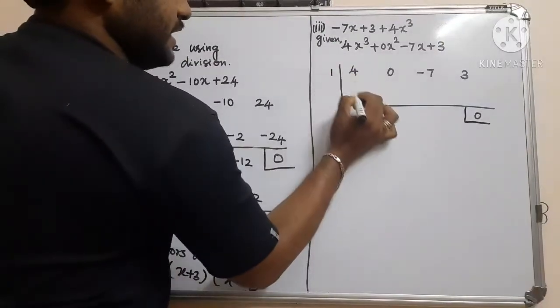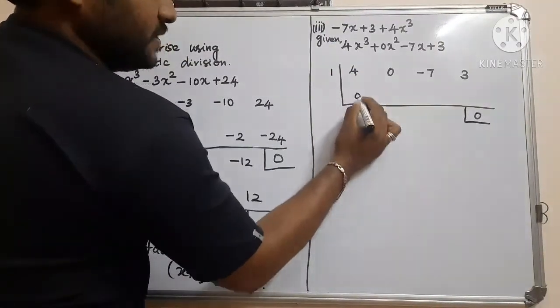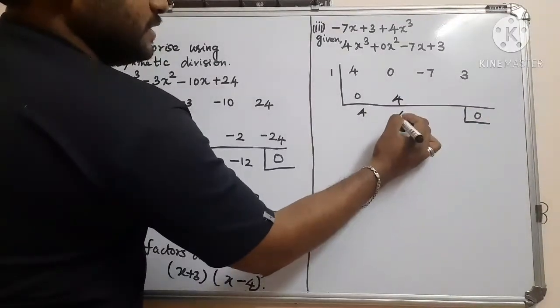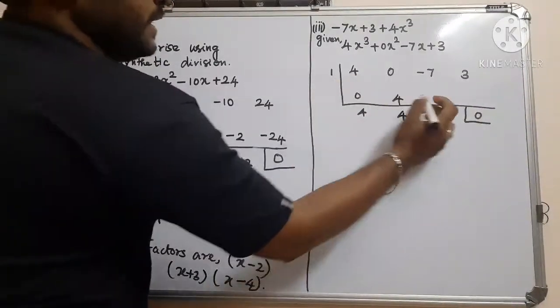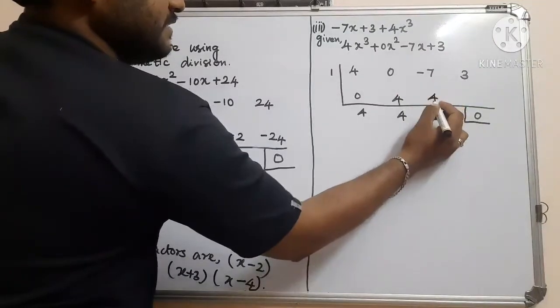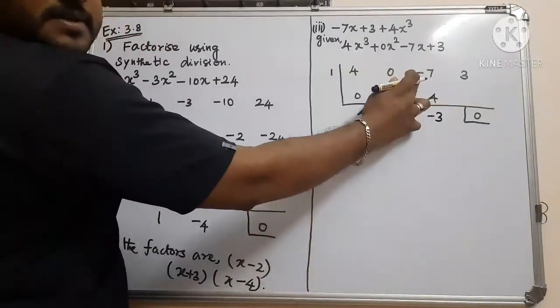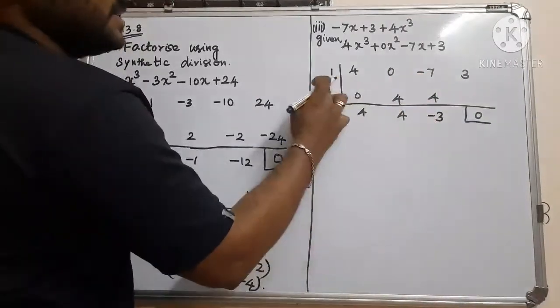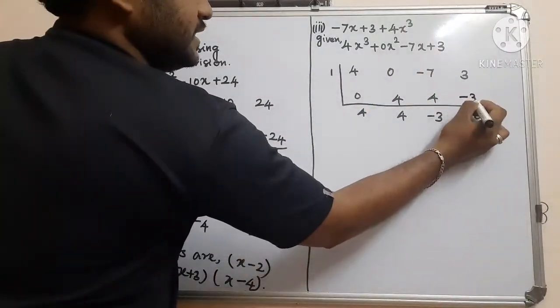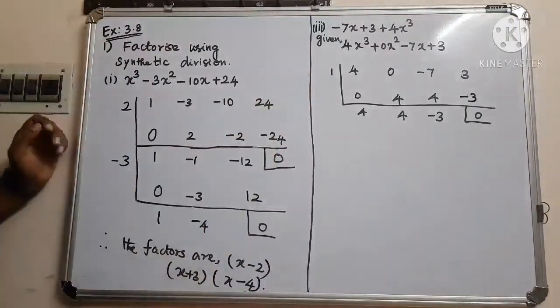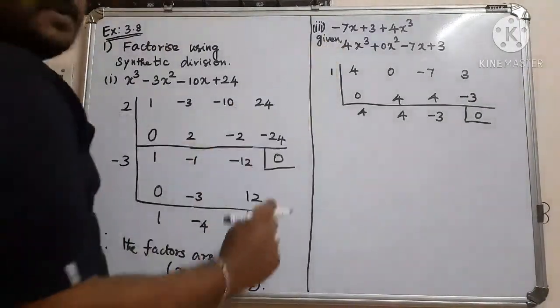So first you have to try with 1. So 4 plus 0, 4. 4 into 1, 4. Minus 7 plus 4, which is equal to minus 3. Because the highest number's sign is minus, so minus 3. Minus 3 into 1, minus 3. So minus 3 plus 3, which is equal to 0. Hence, 1 is a factor for this polynomial.